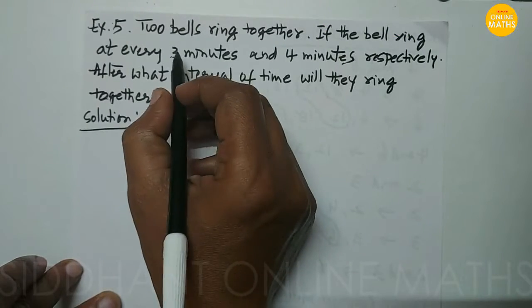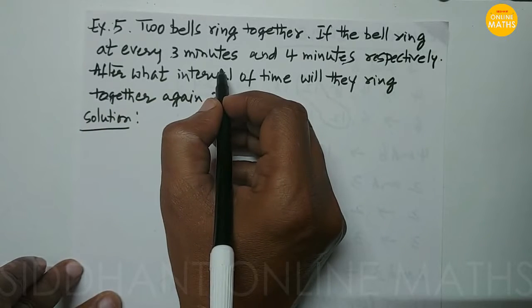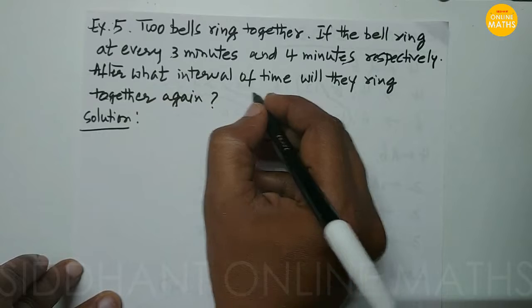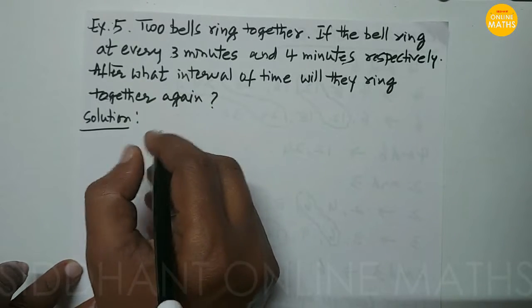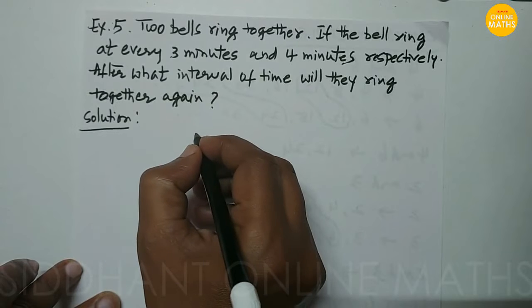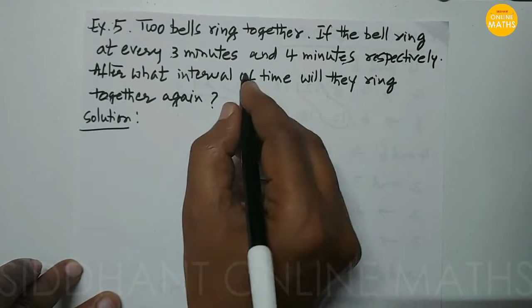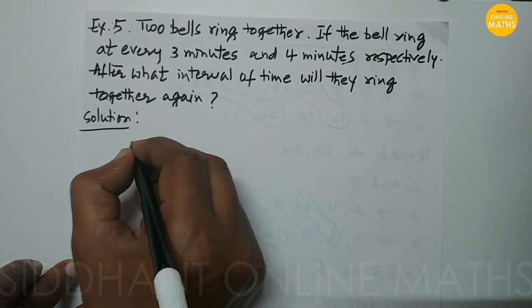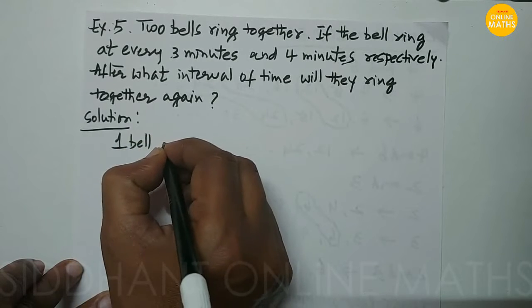Question: two bells ring together. If the bells ring every 3 minutes and 4 minutes respectively, after what interval of time will they ring together again? Here they are saying there are 2 bells. They ring every 3 minutes and 4 minutes respectively. The first bell rings every 3 minutes.